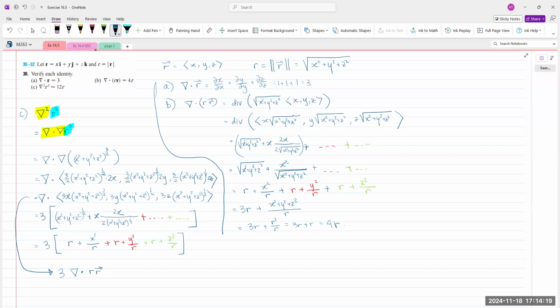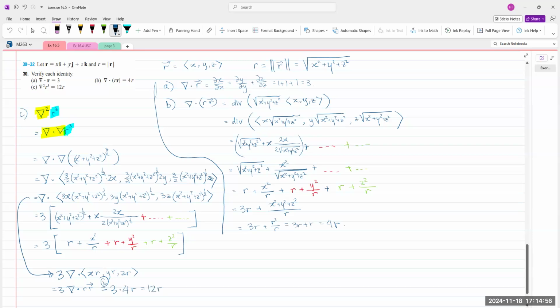Let me do it slowly. If I factor the 3 out, I get 3 times the divergence of x times r, y times r, z times r. But that is equal to 3 times the divergence of r times the vector r, which we have done in part B, right? That's 4r.